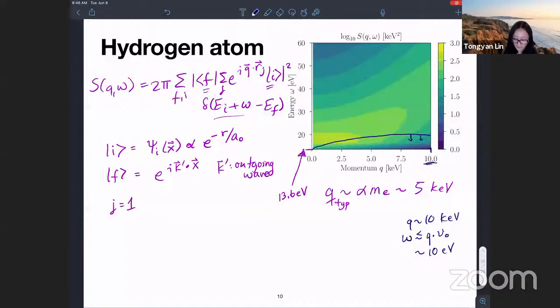This gives some intuition for how you might compare different materials and look for a material that would be optimal for dark matter electron scattering. Basically, you want to look at this structure factor and see what kinds of materials give you plenty of signal down here.